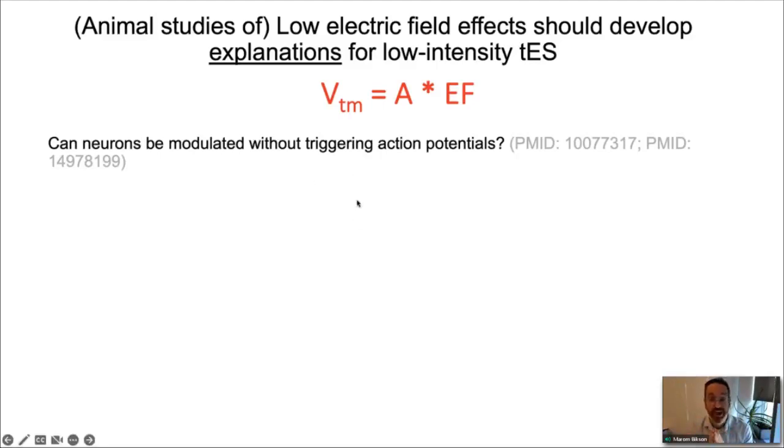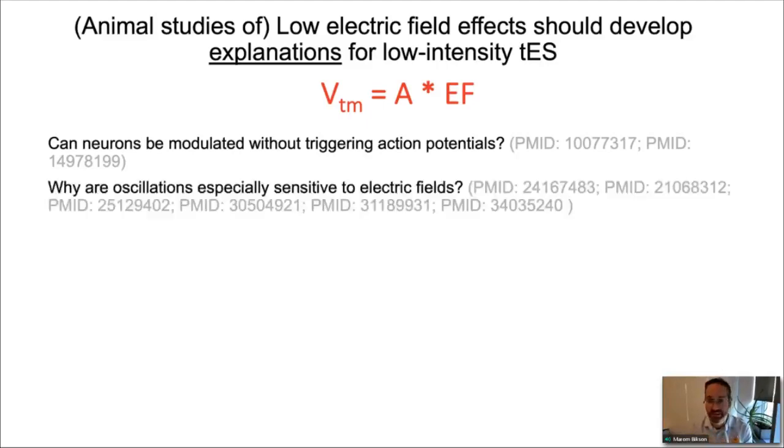I think instead, we want to ask, what do these studies explain about how stimulation works? So for example, whereas traditionally neuromodulation was thought to pace action potentials, which is correct, I think, for things like DBS and TMS and ECT, for low intensity, maybe that's not the case. We're going to be hearing, I think in the very next speaker, about oscillations, right? So we can ask how are oscillations especially sensitive to electric field?